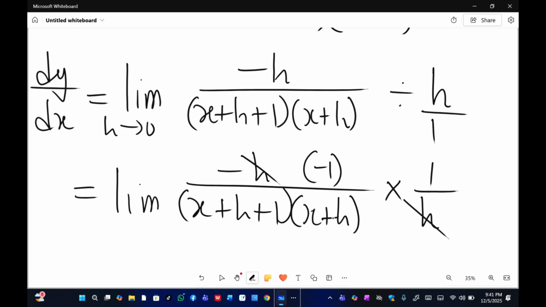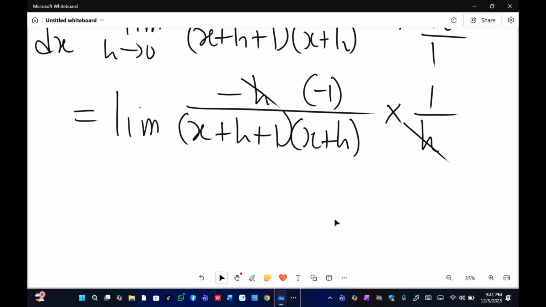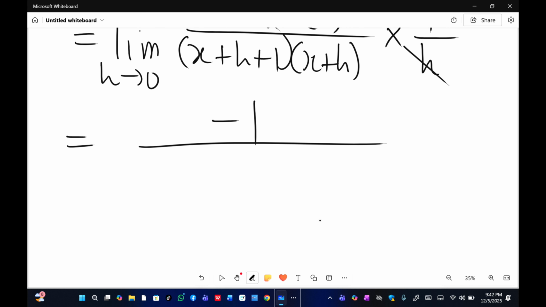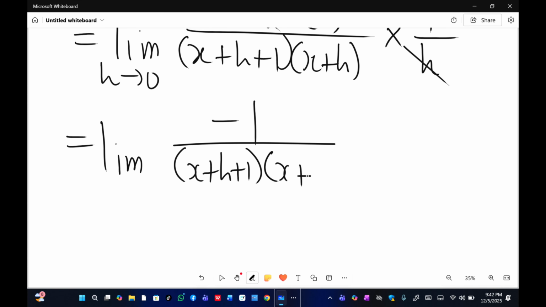So that just brings us to h approaches 0. So we now have the limit of negative 1 divided by x plus h plus 1 in one bracket multiplying x plus 1 in the other bracket.